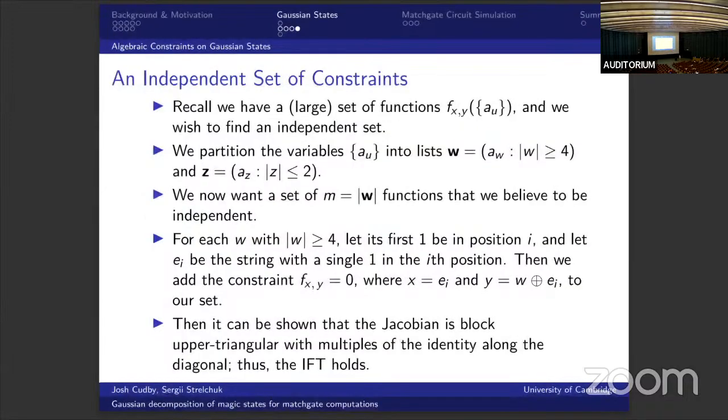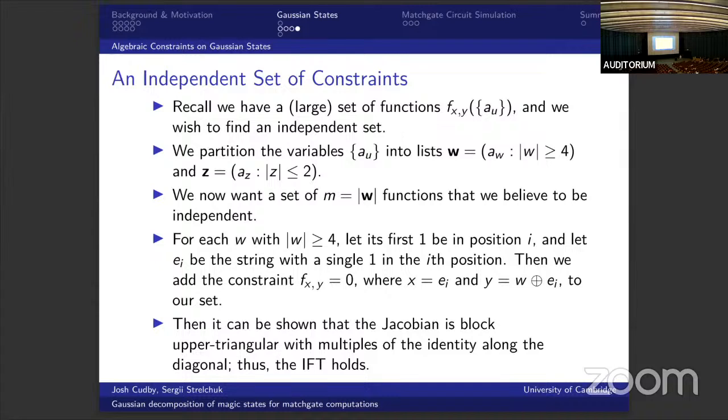Now, how do we apply that in our case? We have this large set of functions, f, indexed by the odd weight strings x, y. We partition the variables into w, which is the set indexed by heavy weight strings, and z, which is the set indexed by low weight strings. And we now need to find a set of m functions that we think are independent. And how do we do that?